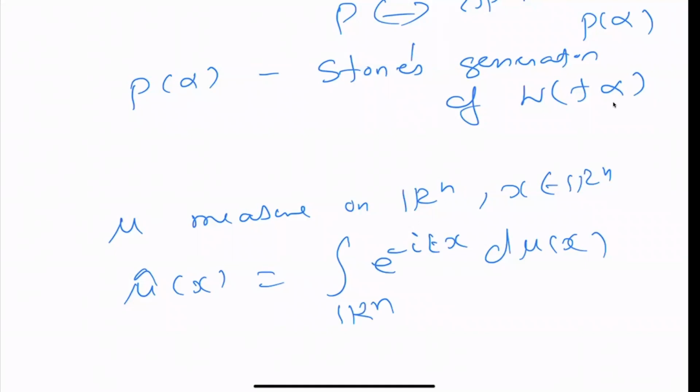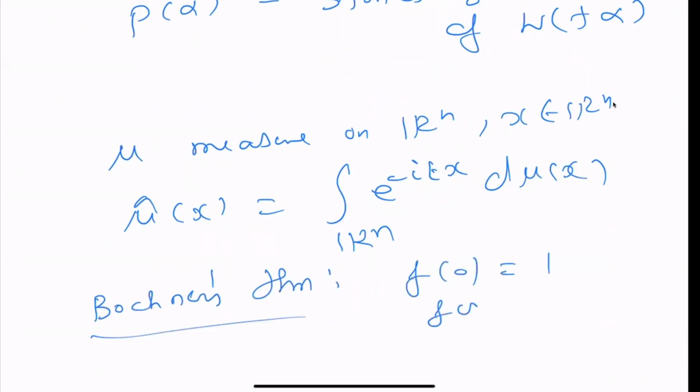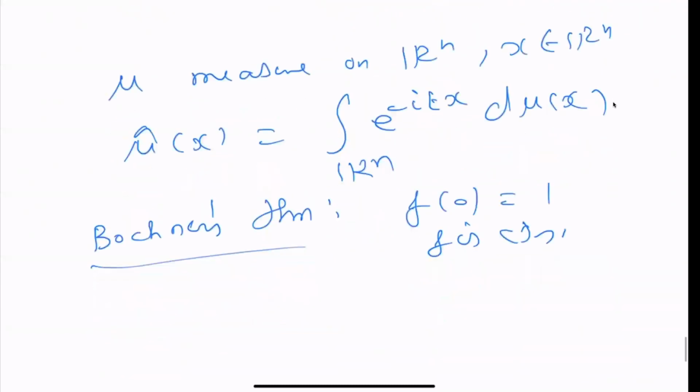Then this characteristic function uniquely determines the mu. And Bochner's theorem says that if you have any function f which satisfies some conditions like f of 0 equal to 1, and f is continuous and f is positive definite, I will recall what is positive definite, then it is a characteristic function of a measure.